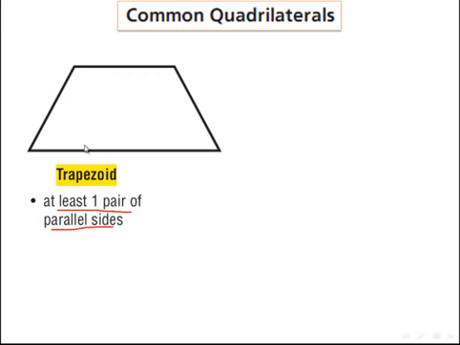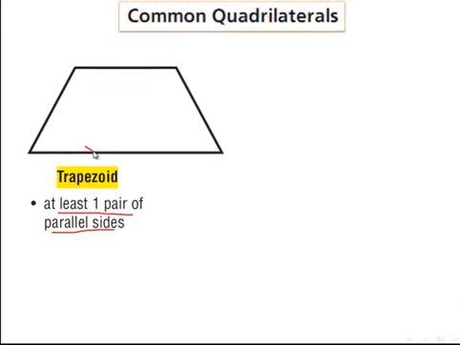I didn't understand anything, teacher. I know. I'm gonna explain for you. Can you see this side? And can you see this side? Are they parallel? Are they walking to the same side? Yes, they are parallel. So here in this shape, there is at least one pair of parallel sides.